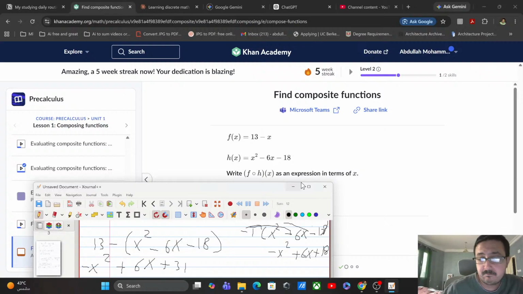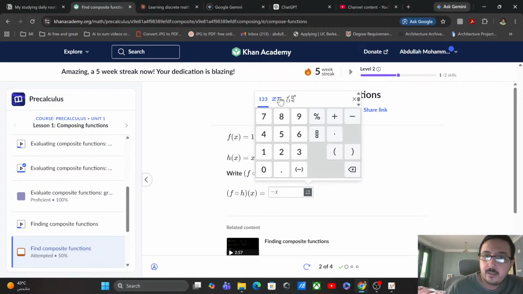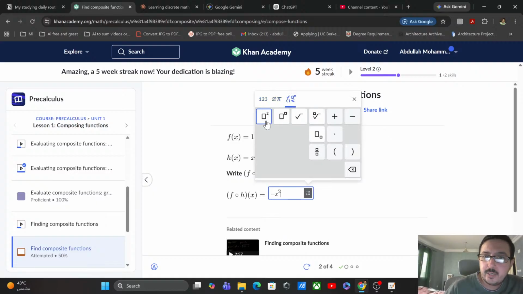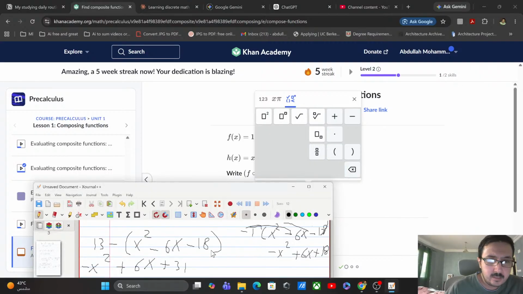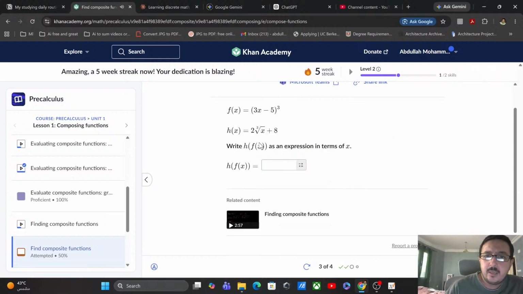So minus x squared plus 6x, am I correct? Plus 6x plus 31 plus 31.